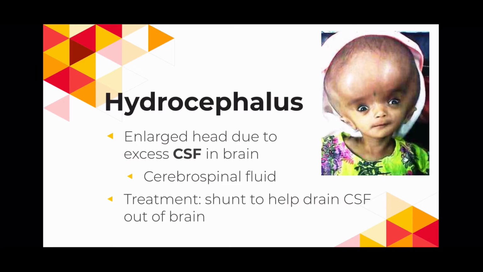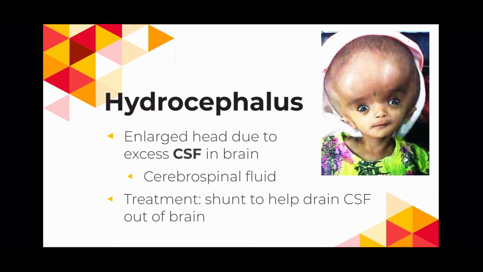So hydrocephalus is an enlarged head, as you see in the picture, due to excess CSF in the brain. CSF is one of your abbreviations, and it stands for cerebrospinal fluid. This is the fluid that surrounds your brain and your spinal cord to help protect it, to help cushion it, and also to provide it nutrition.